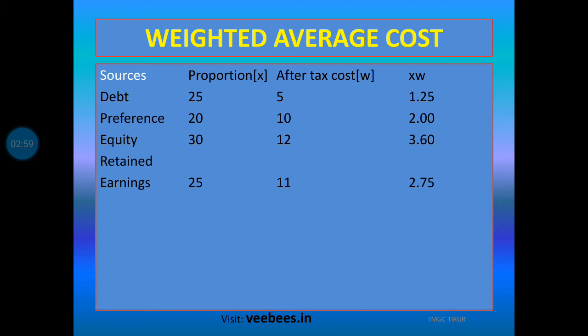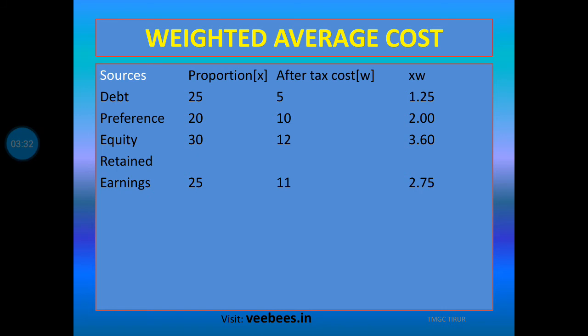Proportion is the weight, and after tax cost is taken as X. The debt capital proportion is 25, preference 20, equity 30, and retained earnings 20. After tax cost, that is X, is 5%, 10%, 12%, and 11%. Then we provide an additional column for the answer, XW, which is proportion into cost.